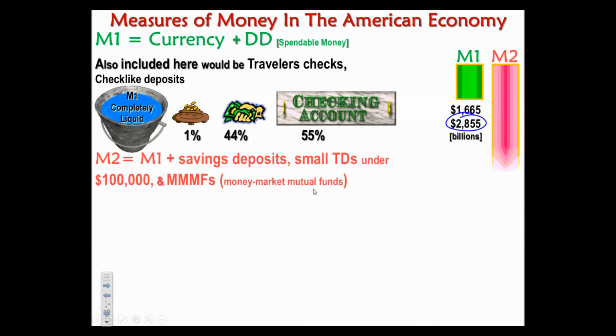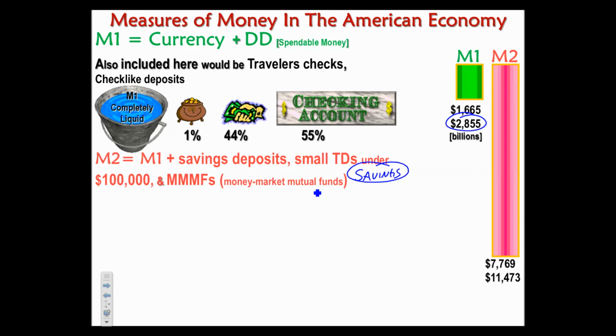Then you've got the M2 measure of money. Think of this as just our savings. So savings accounts are included here plus the M1. If you think of M1 as money being used as a medium of exchange, and then that scoots on over here as well. So this is M1. And then what's underneath here, this is using money as a store of value.